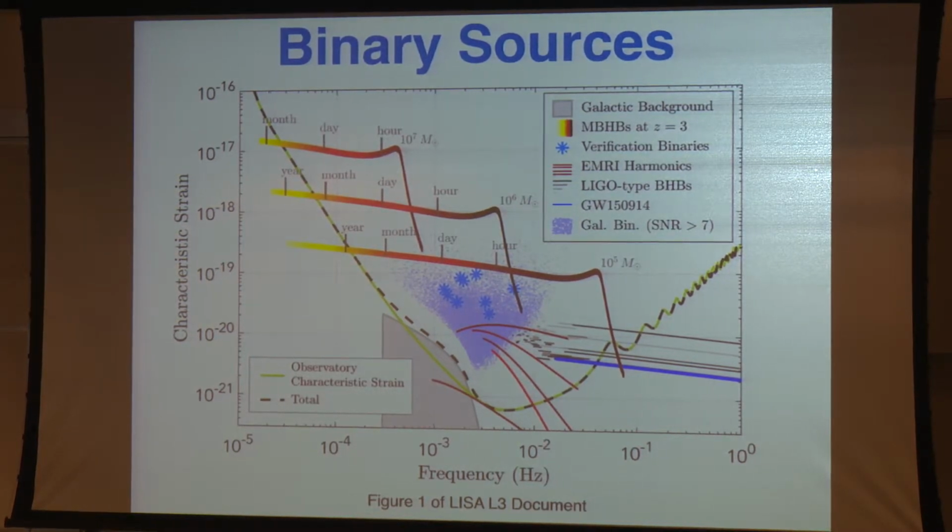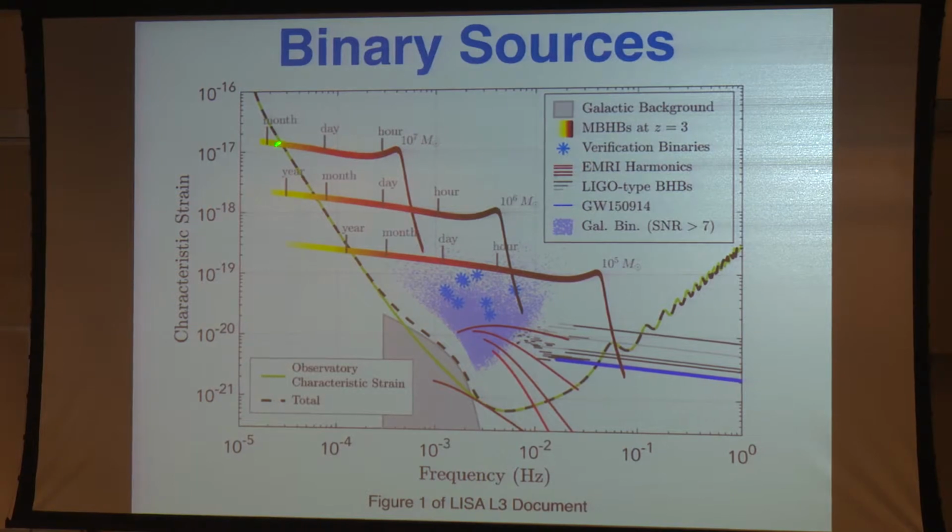And the thing that I want to point out here is if you watch these tracks come by, what's crucial is that depending on the total mass of the binary, from 10 to the 5th, or even down here, just a few hundred to 1,000 solar masses, up to a total mass of 10 to the 7th, you're really talking about a different way that we would think of looking for these sources.